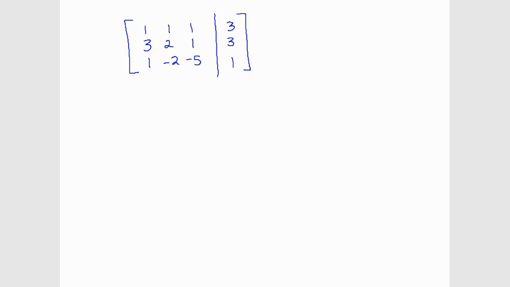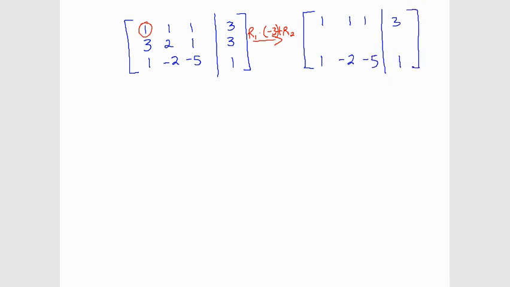I can see I've already got my 1 here, so I'm just going to go ahead and start by taking row 2 and replacing it with row 1 times -3 plus row 2. Okay, and this will give us 1, 1, 1, and 3, and then 1, -2, -5, and 1, and only row 3 will change.